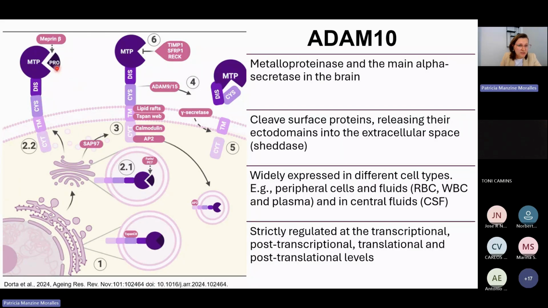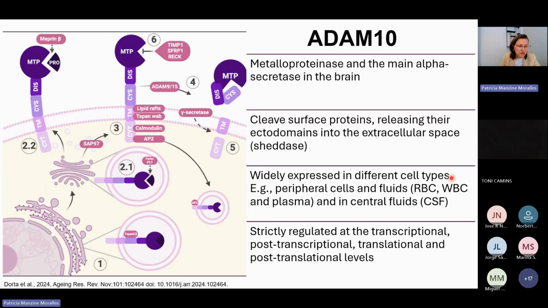It's widely expressed in different cell types, so we can see it also in red blood cells, white blood cells, in plasma samples, and also in central fluids, for example, the CSF. But ADAM10 is also strictly regulated at the transcriptional, post-transcriptional, translational, and also post-translational levels.